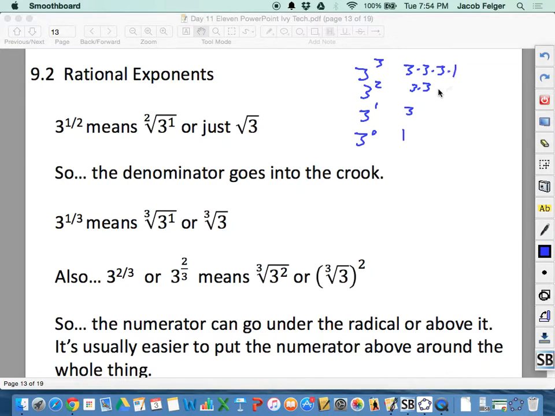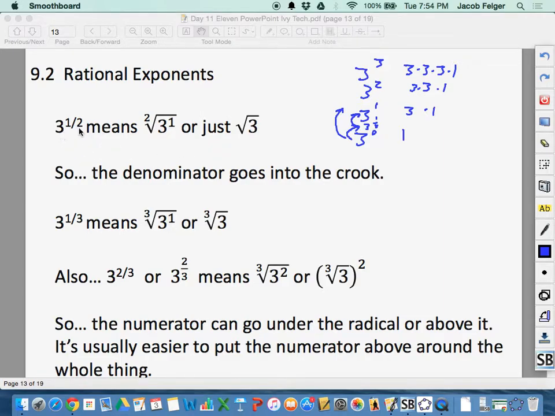You guys remember how we did that earlier in the semester? So right here we've got like 3 to the 1/2 power. So we're really asking, what can I multiply by twice to get me from 1 to 3? And so that's the square root of 3 multiplied by itself twice gives me a multiply by 3. So maybe that's why that works. I don't know if that makes sense to you or not.